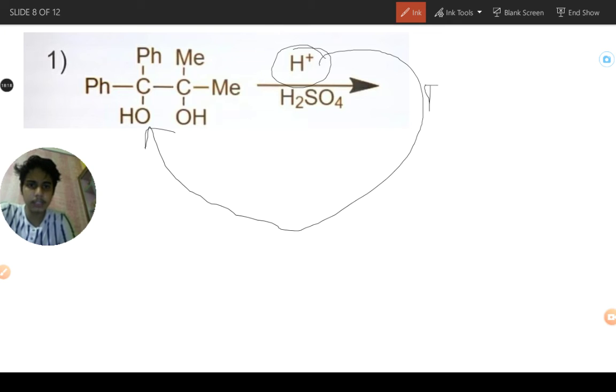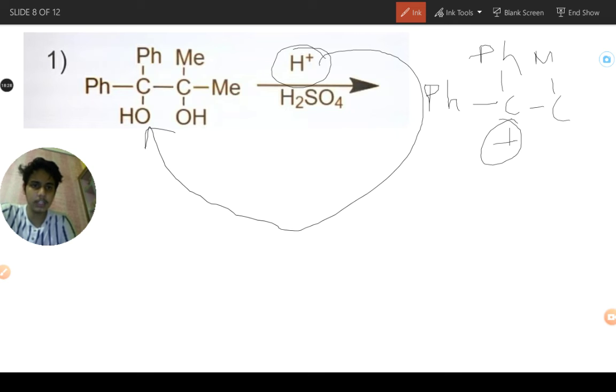See, write Ph, C, C, then Ph, then the carbocation will be formed over here, C, then methyl, then OH. Now see, for plus M stabilization, it will shift towards this carbon.